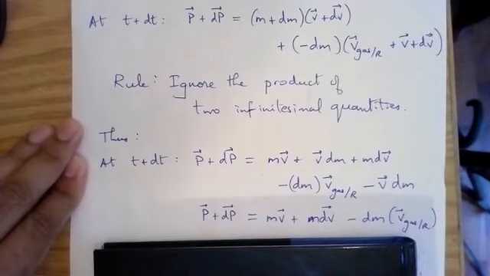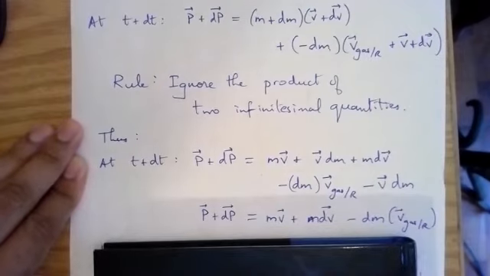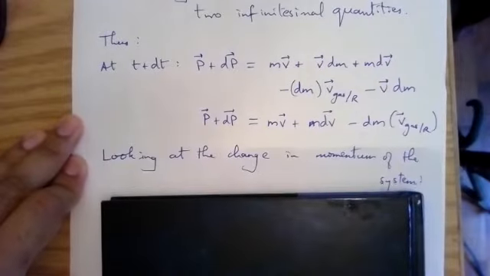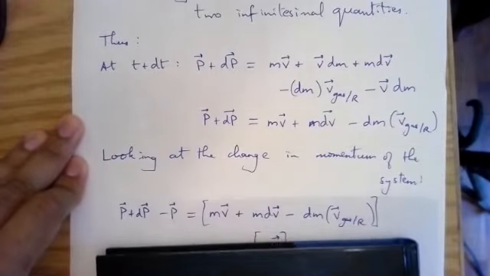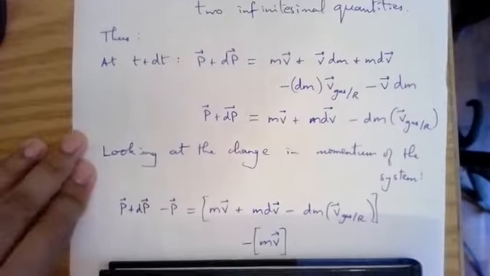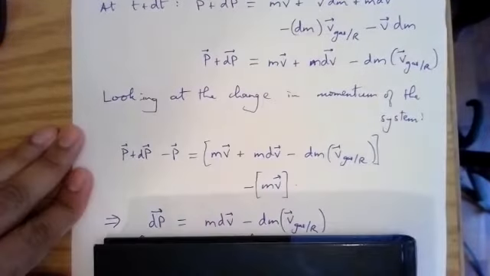So we have this for our momentum at t plus dt. Therefore, looking at the change in momentum of the system, that is p plus dp minus p, we have the following, and we have one more cancellation that takes place, leaving us with dp equals m dv minus dm times the velocity of the gas with respect to the rocket.